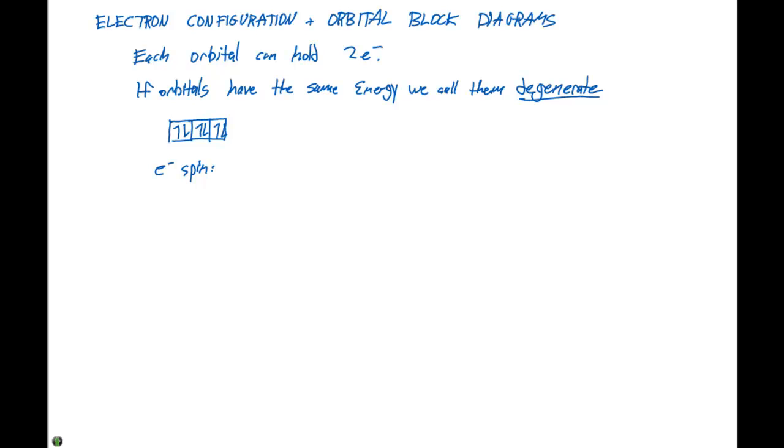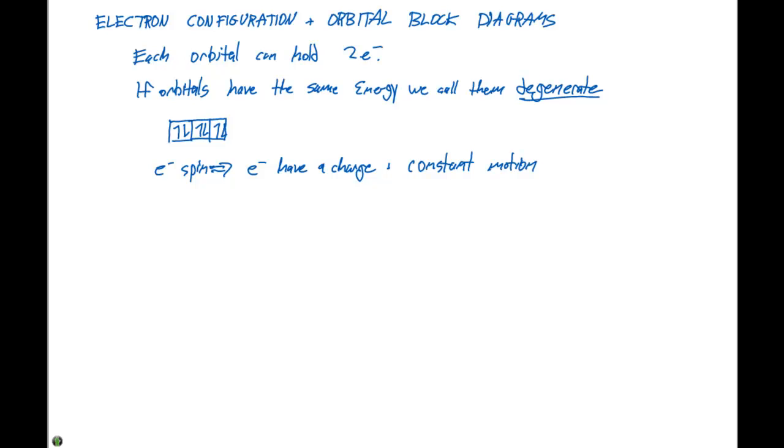Okay, so with electron spin, we can say that electrons have a charge, and that charge is negative. These electrons are also in constant motion.